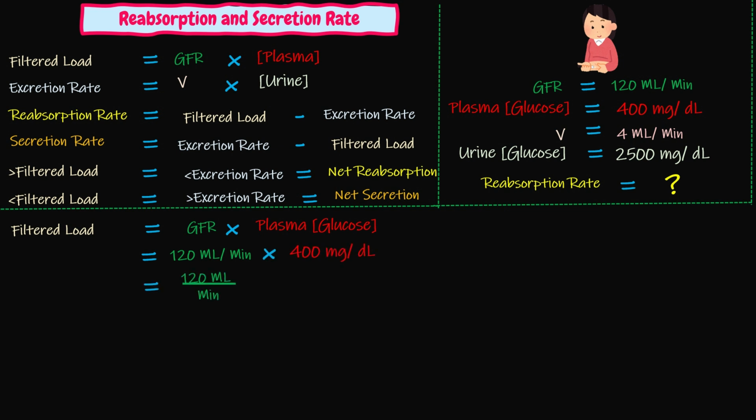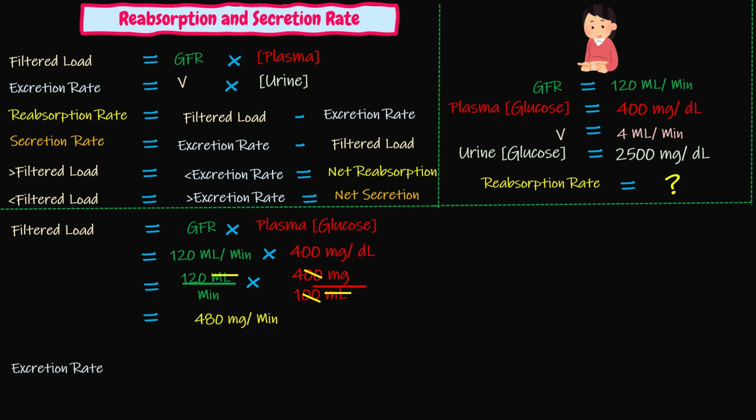In the next step, 120 milliliter per minute into 400 milligram divided by 100 milliliter, because 1 deciliter equals 100 milliliter. These two units are the same, so they cancel each other. These zeros also cancel each other. So 4 into 120 equals 480 milligram per minute.